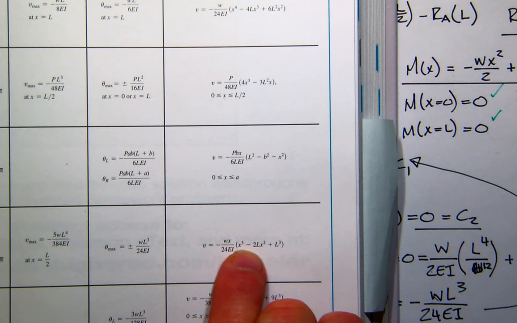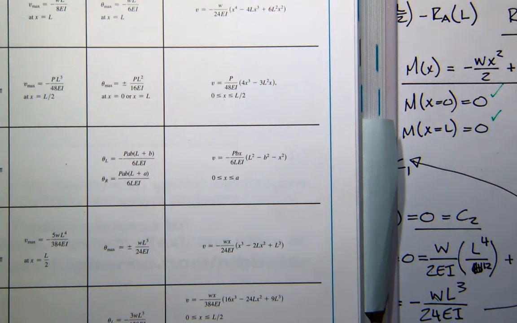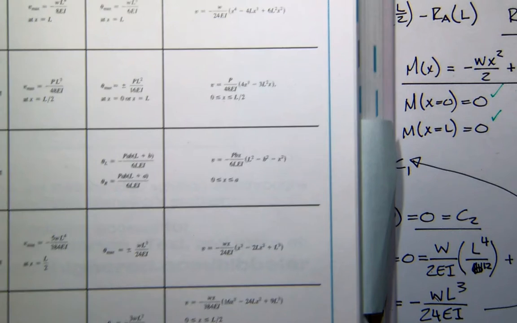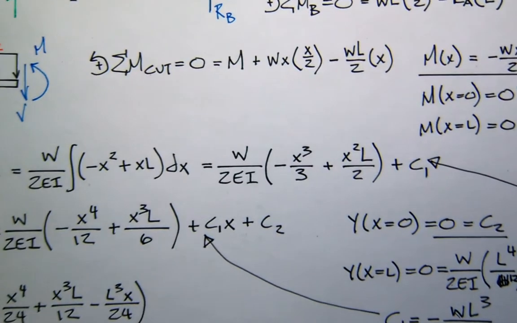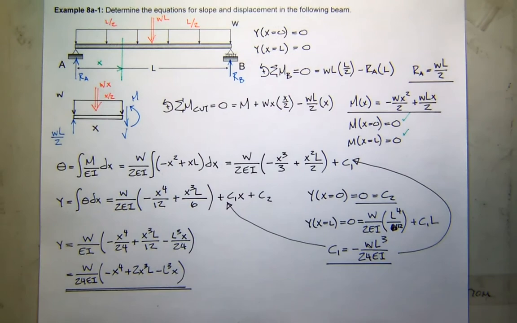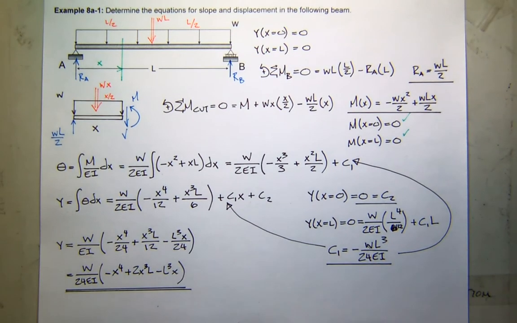We have x to the fourth, we have x cubed, and we have x. They just pulled it out. I don't know why. I guess it's just style. So you can see we have pretty much the same result. Super cool, huh? So any questions about this one? All right.